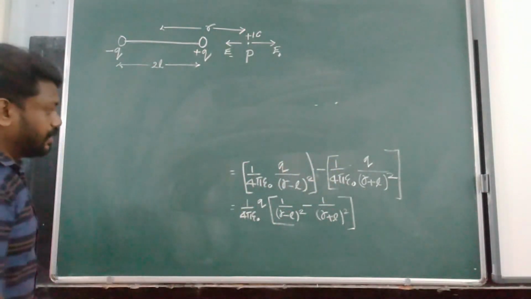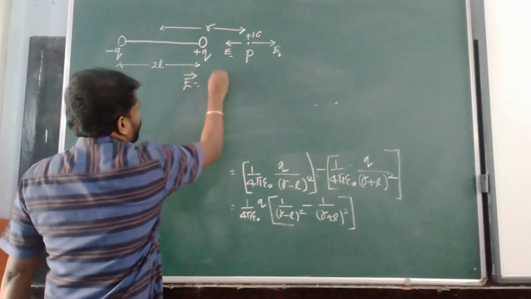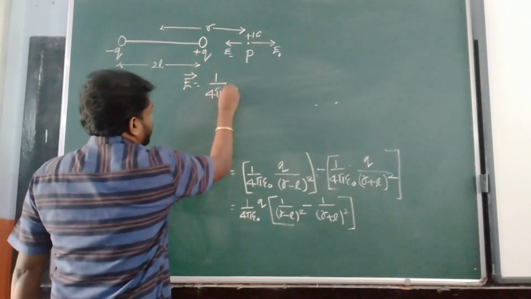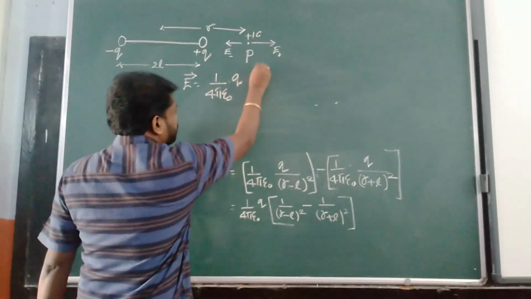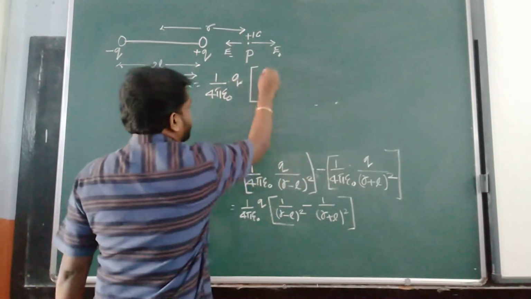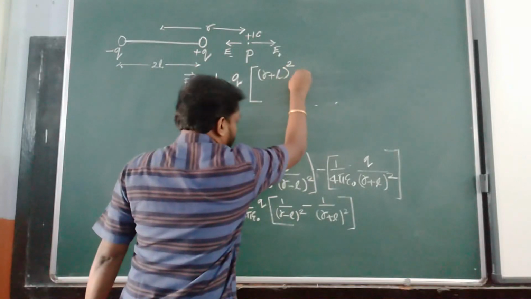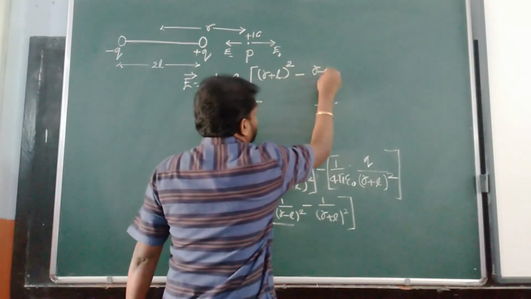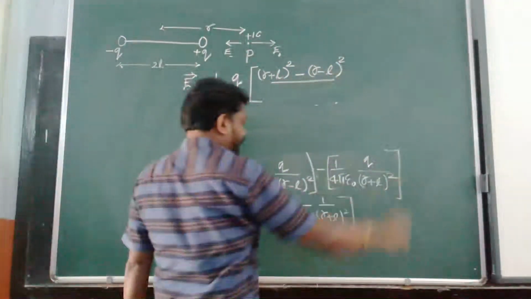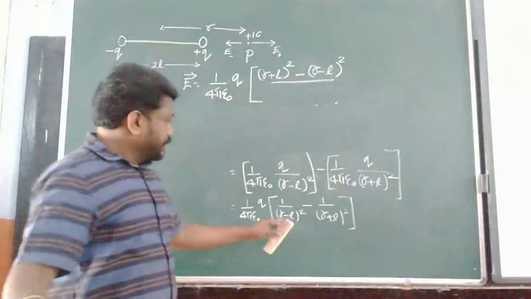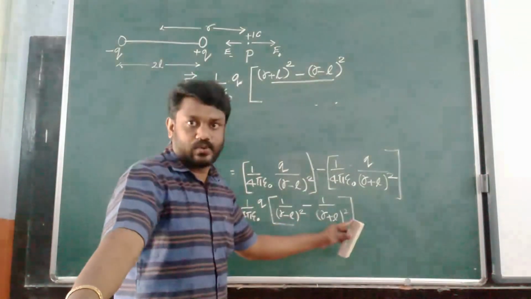So E net will be 1 by 4 pi epsilon 0 into q multiplied by, cross multiplied by r plus L whole square minus r minus L whole square divided by, here a minus b whole square into a plus b whole square.